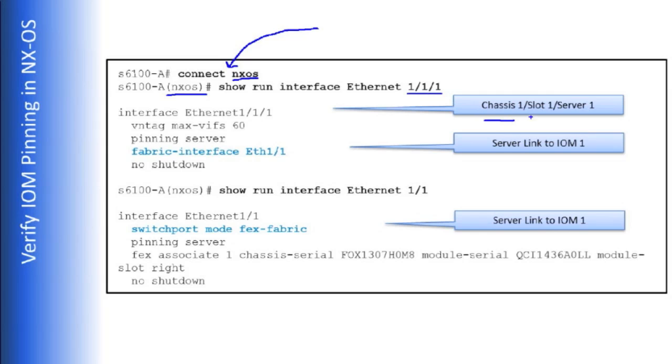This is our first chassis, our first slot, our first server. And it shows us the running configuration for that particular interface. And it says pinning server, and it says the fabric interface is E1/1. And if we look at that particular configuration with show run interface E1/1, we see the pinning server command, which causes this particular pinning behavior by default.